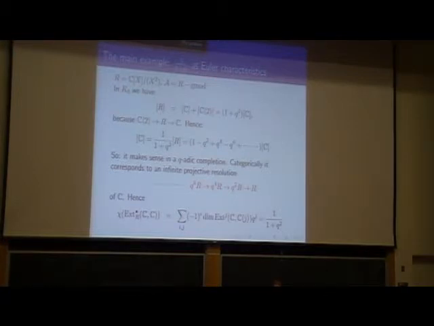Now I take the graded Euler characteristic. So even so you have the homology degree, and this is Z2 graded. Yeah? Okay.